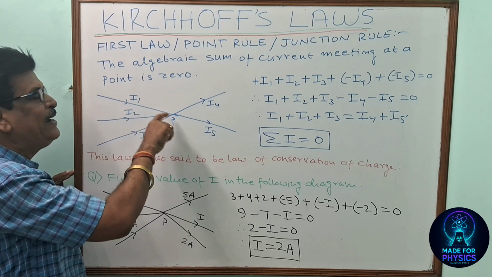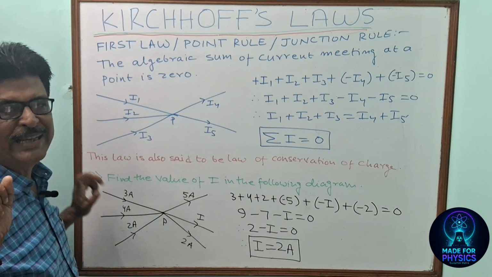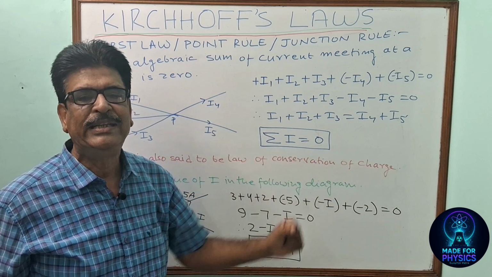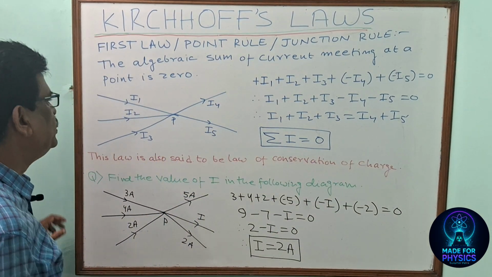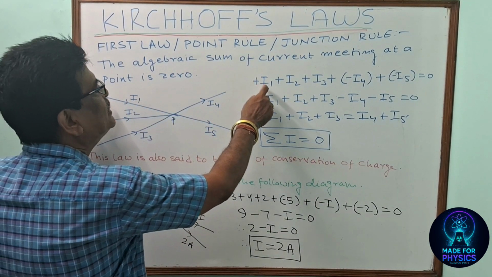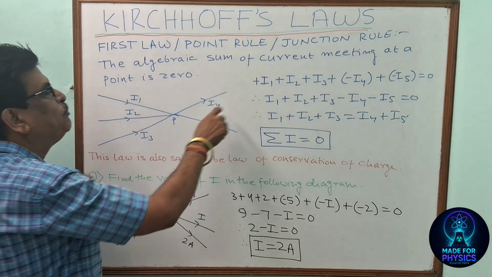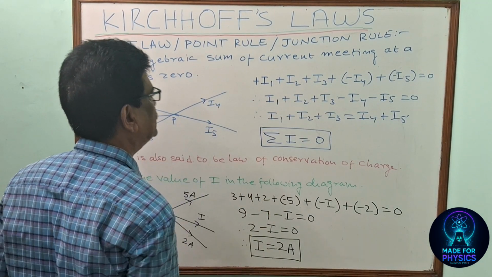So the current that is approaching the point will be taken with positive sign, and the current that is receding away from the point will be taken with negative sign. You can see I have written plus I1, plus I2, plus I3 because they are approaching the point, so they are written with positive sign.